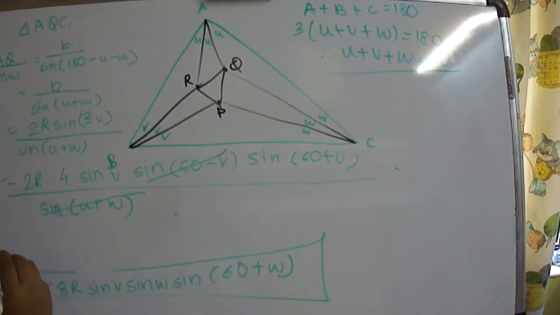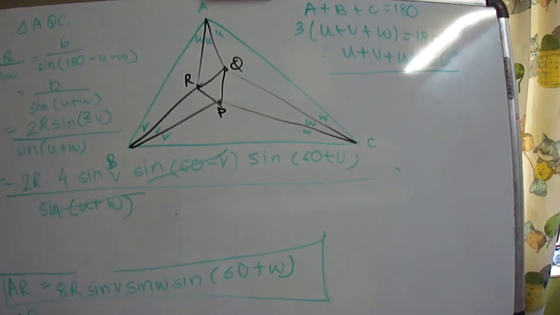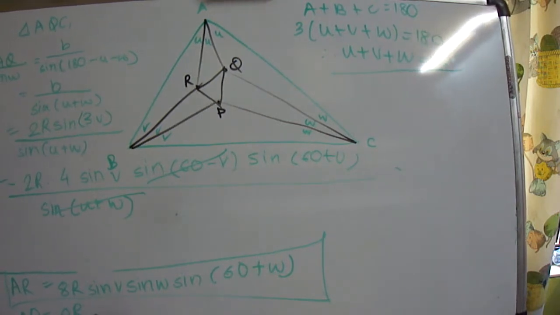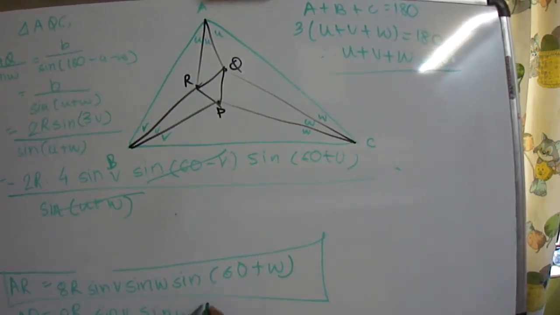And what we are left with is AQ is equal to 8R sine V sine W sine 60 plus V.